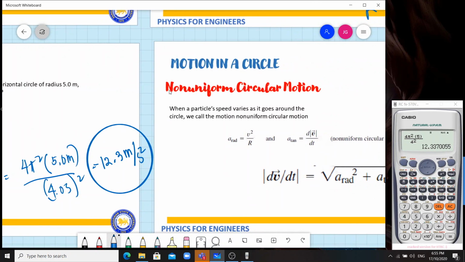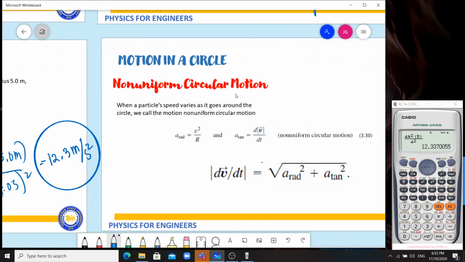Okay, so let's proceed to the motion in a circle, non-uniform. Pag sinabi naman nating non-uniform, ibig sabihin yung speed niya nagva-vary. Kaya nga siya non-uniform. So, magkakaroon na tayo ng parallel acceleration, or ang tawag dito is tangent, kasi nakatangent siya sa velocity vector. Okay? So, magkakaroon na tayo ng dalawang component.